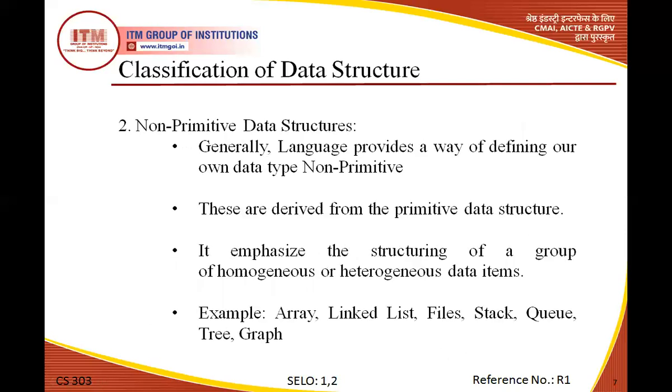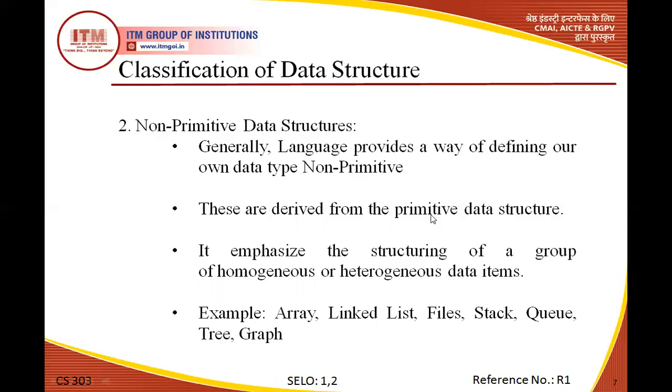Then come to the non-primitive data structure. Generally, many languages allow defining our own data types, like array, stack, queue, and different types of data they can form. These types are called non-primitive data structures.